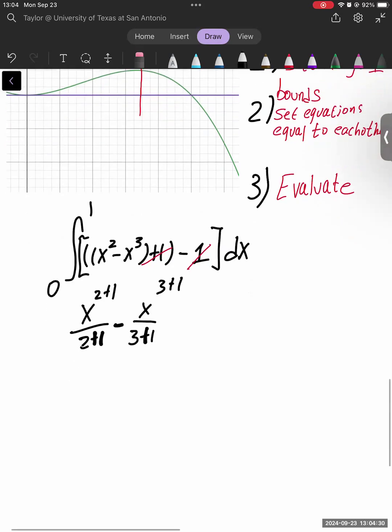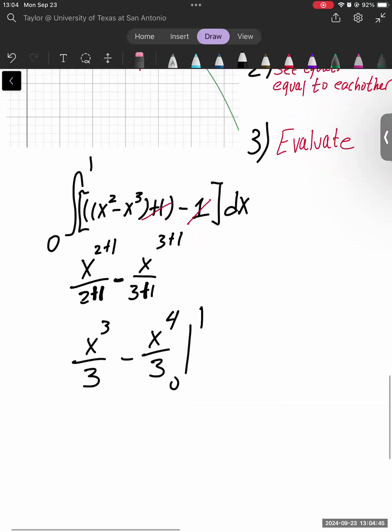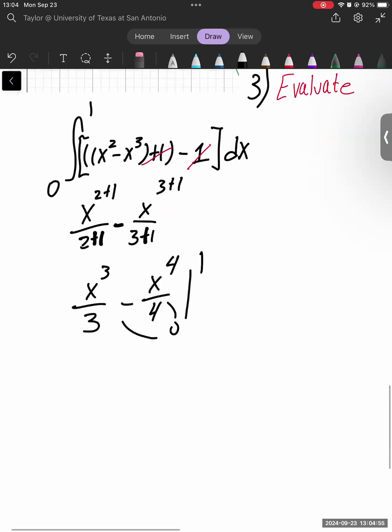Okay, so then this becomes x cubed over 3 minus x to the 4th over 4 on the bounds from 0 to 1. Again, 0 in gives me 0, 1 in gives me 1.